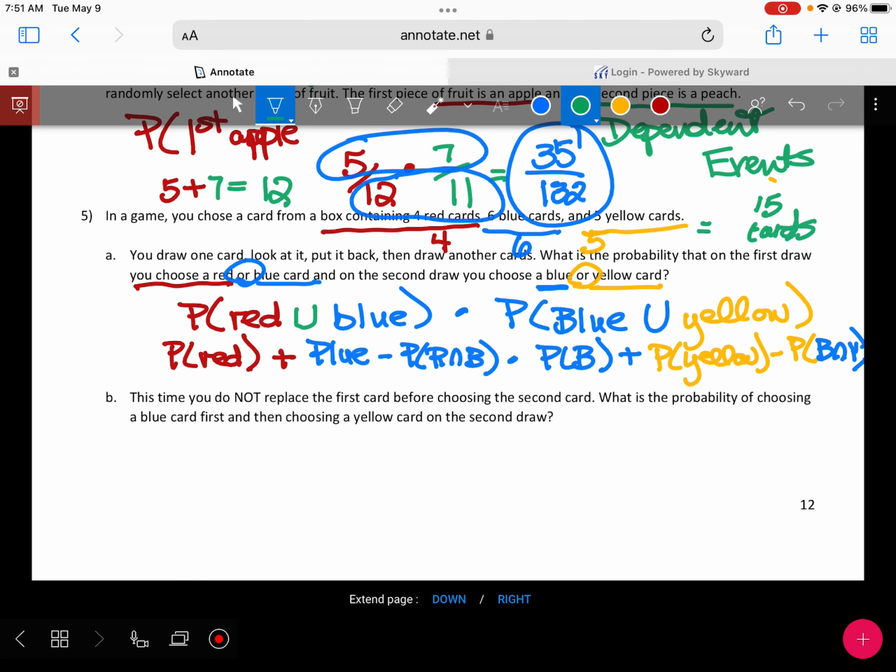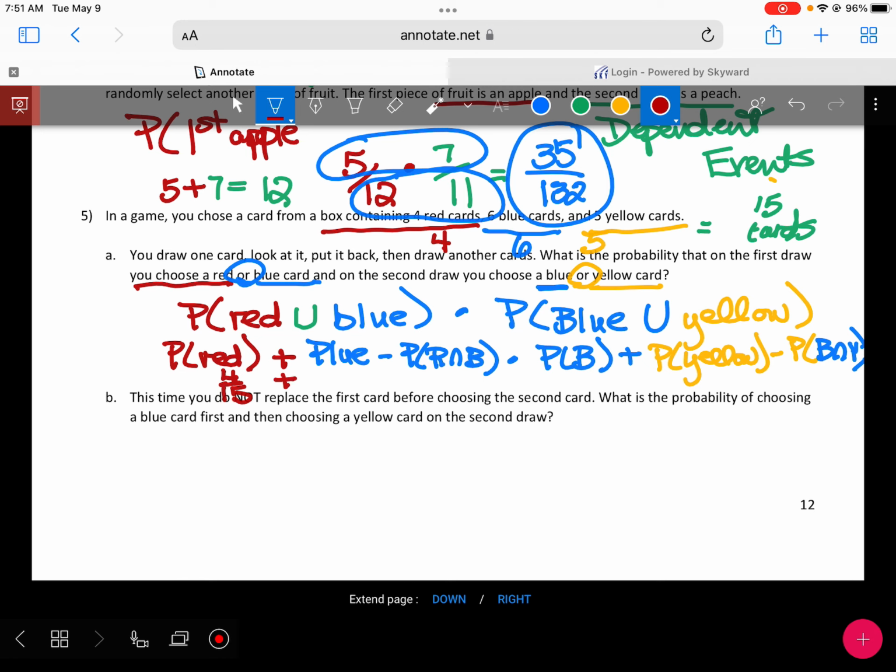Okay. What is the probability of choosing red? What's the probability of choosing a red card? 1 out of 15? No. How many red cards do I have? 4 out of 15. I have 4, right? So that's going to be 4 out of 15.